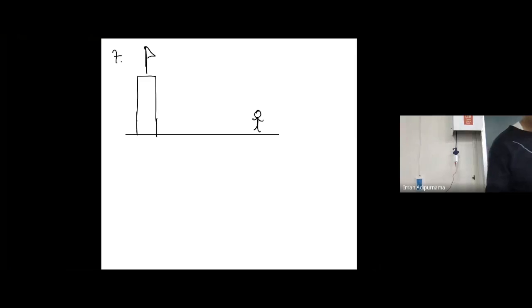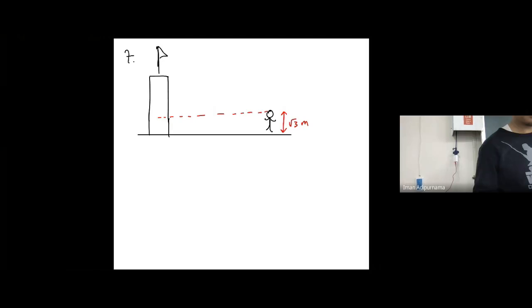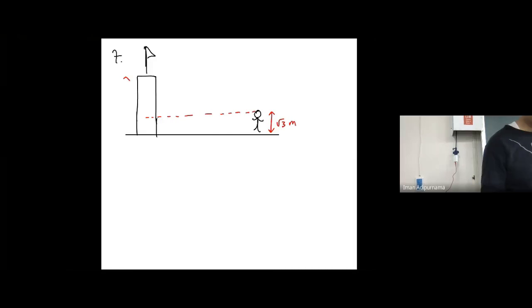Okay, let me draw the picture first. This is square root of 3 meter. The building is 7 square root of 3, and this is h.